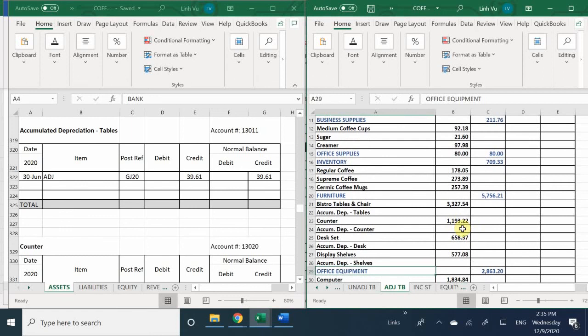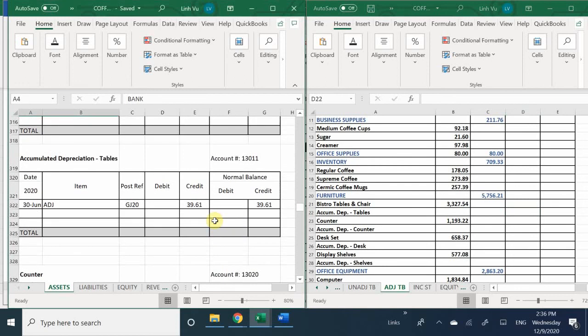No worries. I'm on my last one. Okay, so tables, counters, desks, shelves.